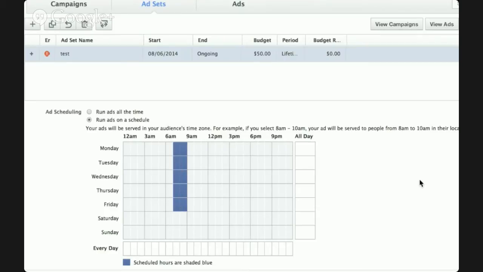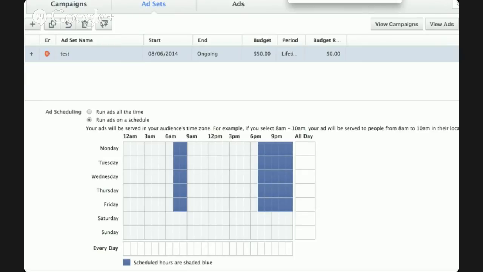So you could choose to run your ads just from 7:30 in the morning until 9 and call it a day until later in the day when people are home and probably checking their Facebook pages later in the evening. So you might have them start running, say, from 7:30 until 10 o'clock or 11 o'clock at night. So that way, you can be pretty confident that your ads are reaching the people you want to reach only during those times that you're really confident that they're online.